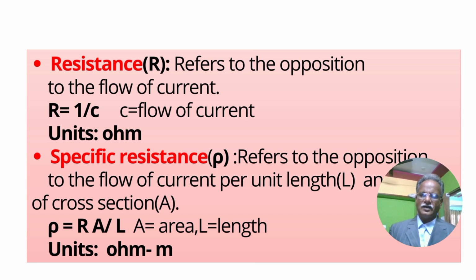Rho is equal to R into A by L, where A is equal to area of cross section, L is equal to length. Units for specific resistance is ohm meter. So I am repeating the units again. Units for resistance is ohm. Units for specific resistance is ohm meter.